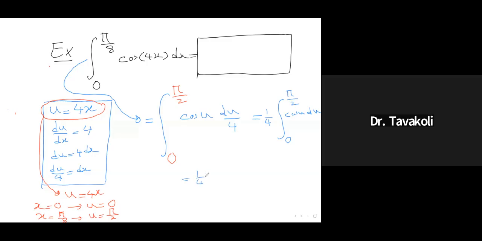So 1/4 times the antiderivative of cosine, which is sine, evaluated at these limits of the integral. This function evaluated at pi over 2 gives 1/4 sine of pi over 2, minus 1/4 sine of 0.